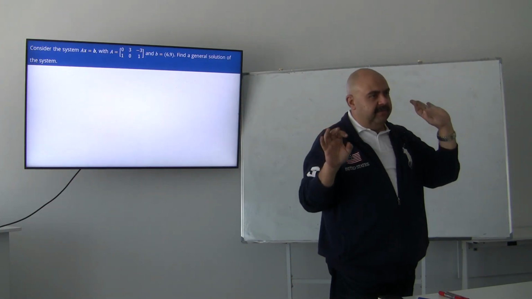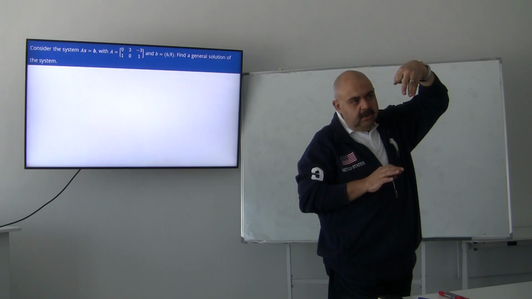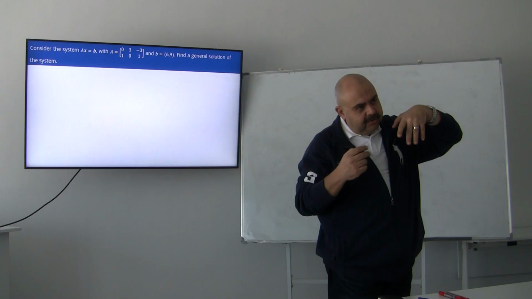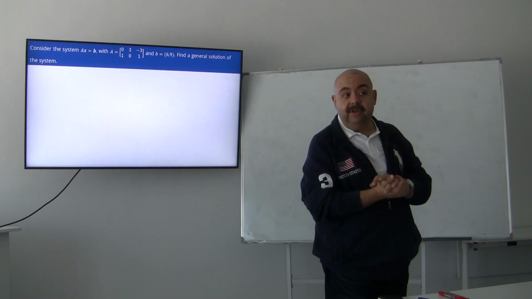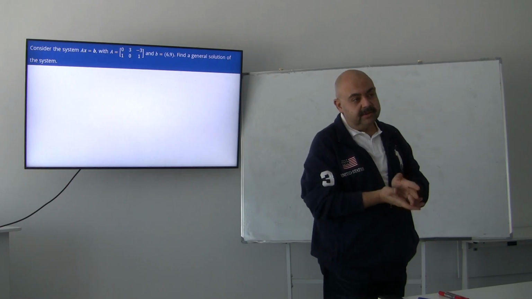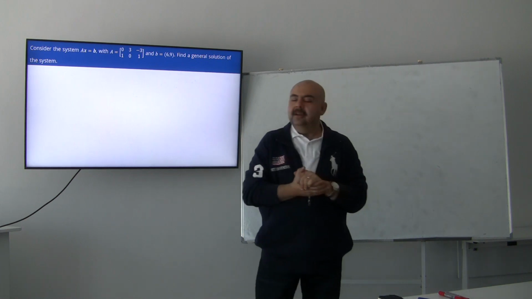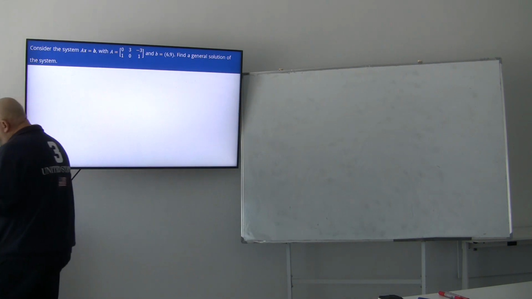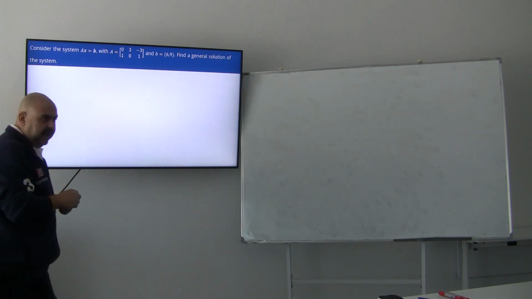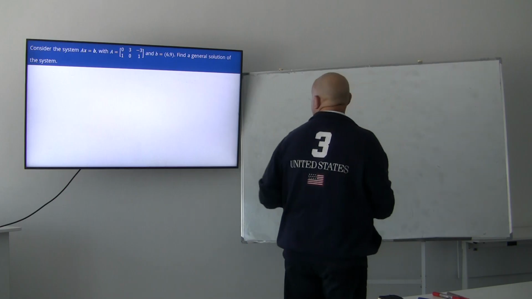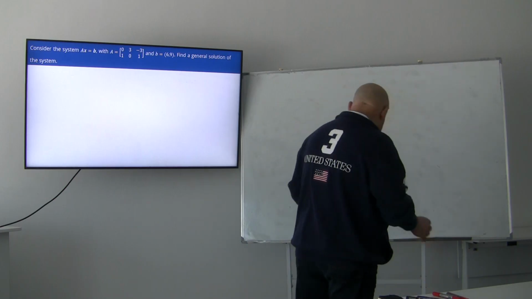And how many columns? 3, which are 3 unknowns. So you have 2 equations and 3 unknowns. So the only possibility is to have an infinite number of solutions. The rows and columns have to be the same for it to be a unique solution. So let's try to solve this system.